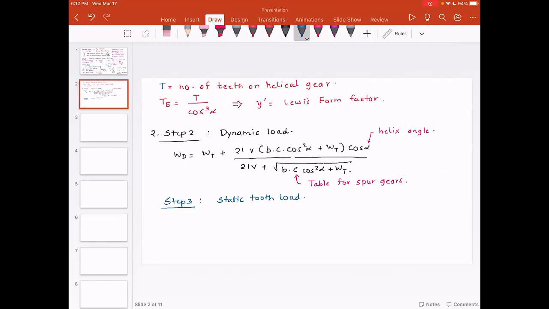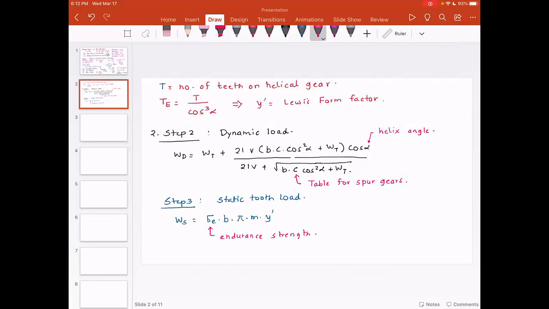And static tooth load is WS is equal to sigma E B pi M Y prime, where sigma E is the endurance strength.